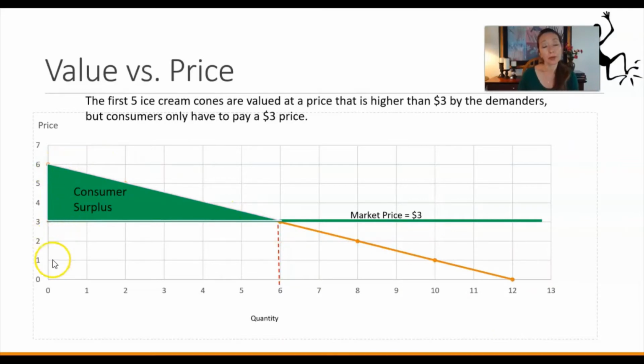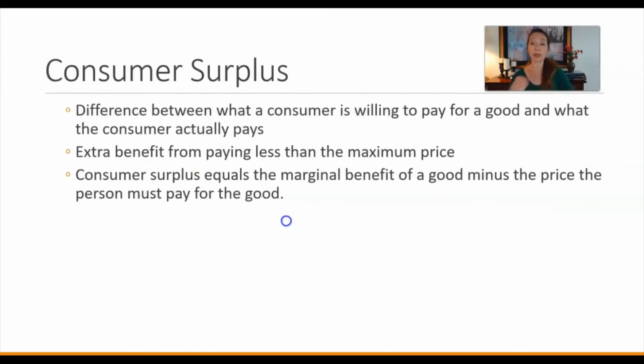The people who are willing to buy 1 ice cream cone at $5.50 or 2 ice cream cones at $5, they don't have to pay that price because they get to pay the equilibrium price. And therefore, they get what we call consumer surplus. Consumer surplus is the difference between what a consumer is willing to pay for a good and what the consumer actually pays.